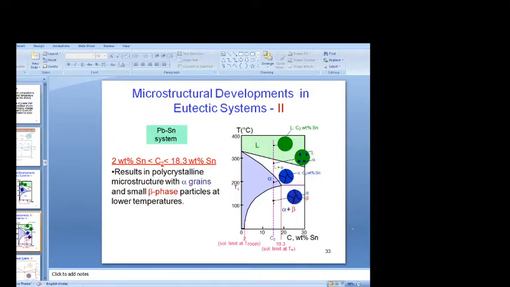So let us examine an alloy of composition C2 as it is cooled along the vertical line. So this is the C2, we can take in this.